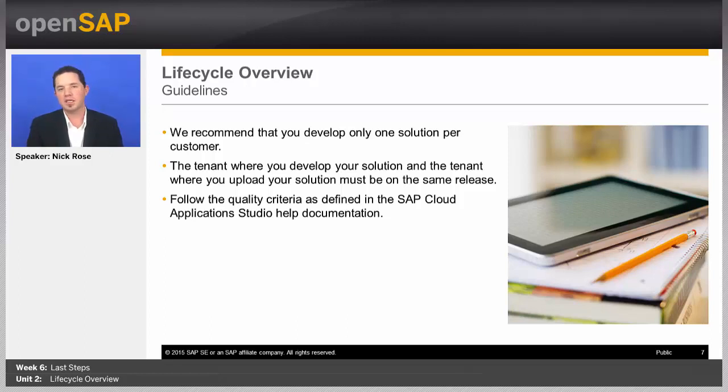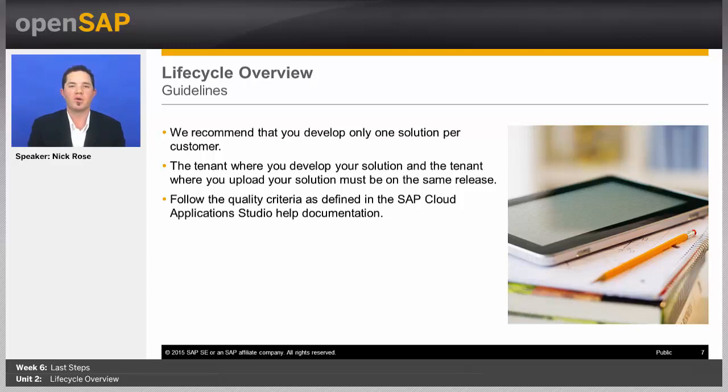You won't be able to take any 1502 content and upload it into your previous 1411 tenant. You have to wait until that's upgraded itself. But you can also upgrade forward. Any 1502 content I could put into a 1505 tenant if I want. So that's one restriction to keep in mind. It's a much rarer case, but it's something you should be aware of.